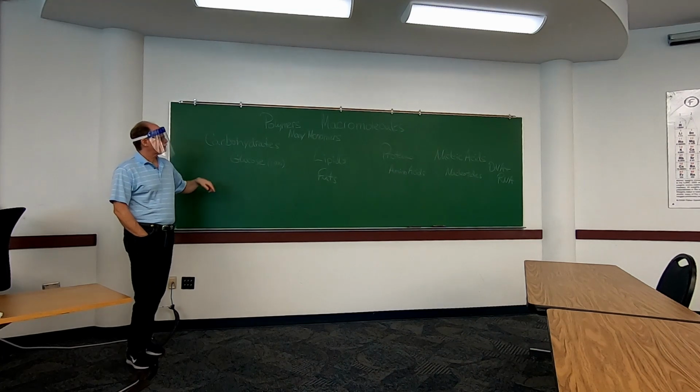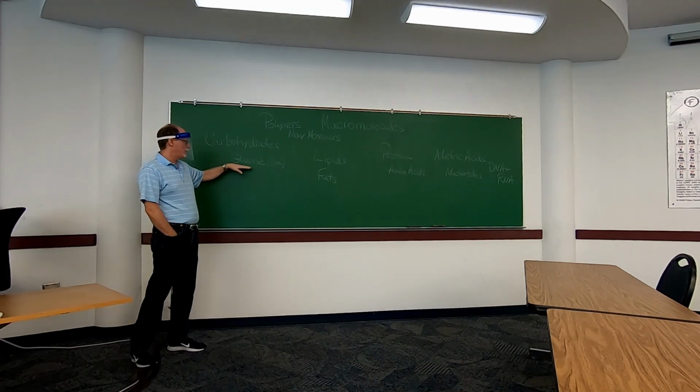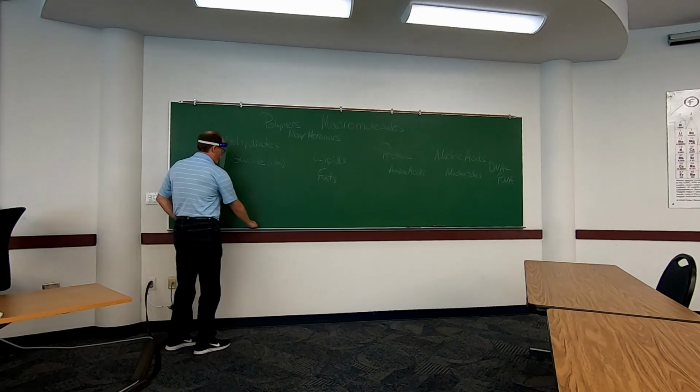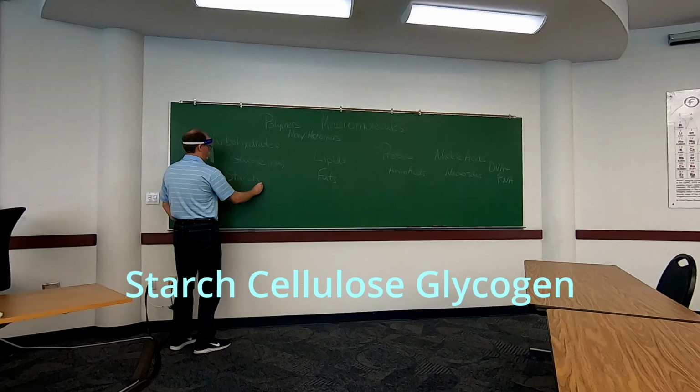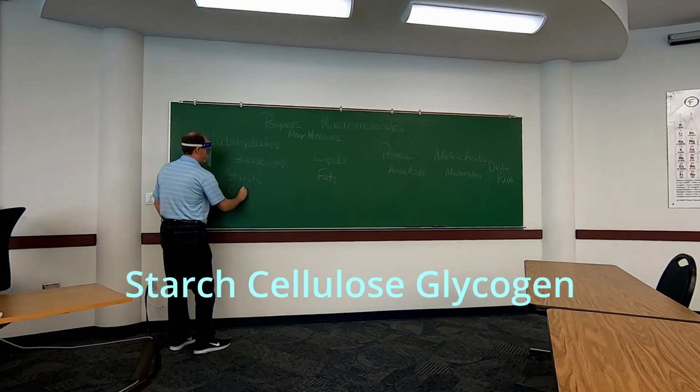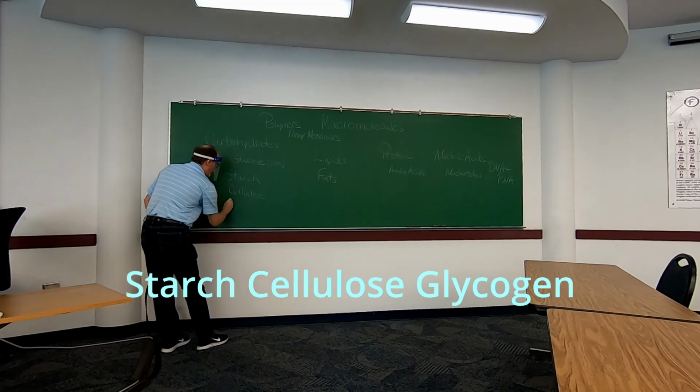So, if I want to make carbohydrates, the examples are like starch, cellulose, and glycogen.